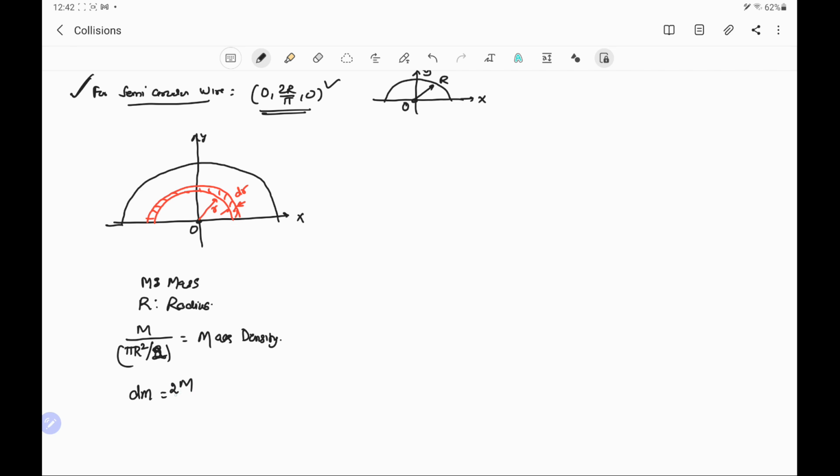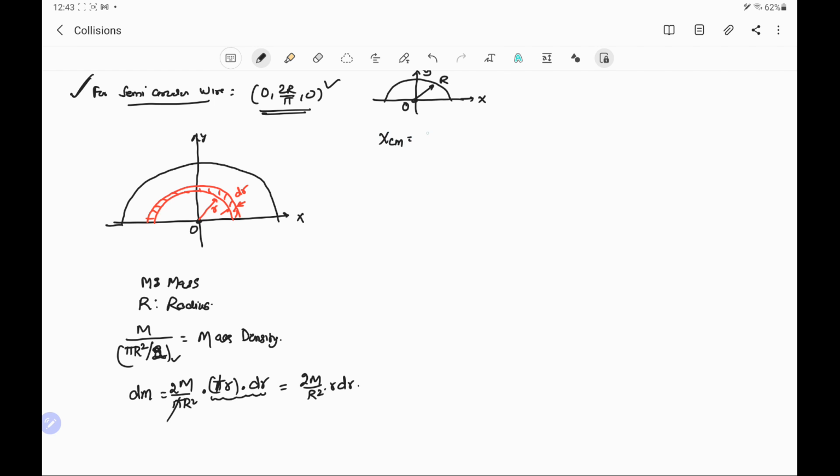It can be written as 2m by πR², with the 2 taken in the numerator. And the area of this ring: its length is πr and the thickness is dr. Therefore, the elementary mass, after canceling common terms, is 2m by R² into r dr. Now we use the formula for the center of mass.